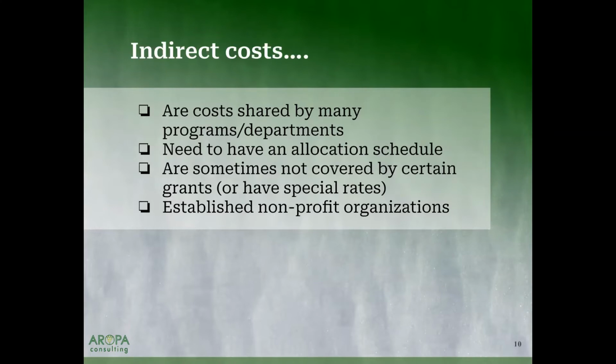They will also oftentimes have specific rates you're allowed to cover. This grant maybe only covers 25% of indirect costs, and that is the max. So these are very important to know: how much they cost, to have this schedule, like I mentioned, or table of how you are organizing these costs. And then making sure you know, is that allowable by your donors?